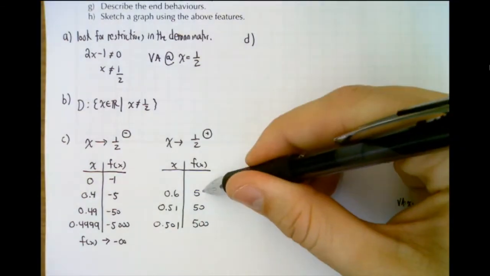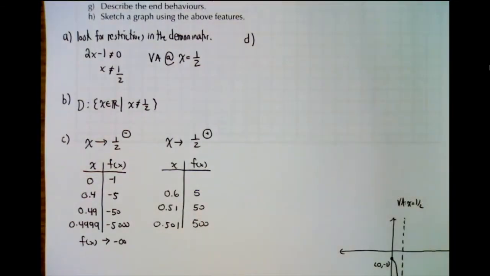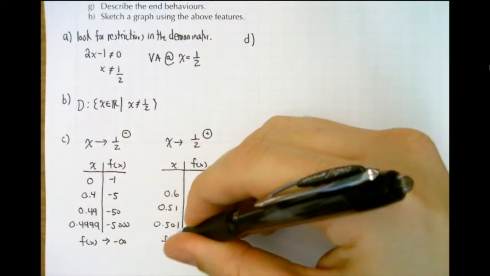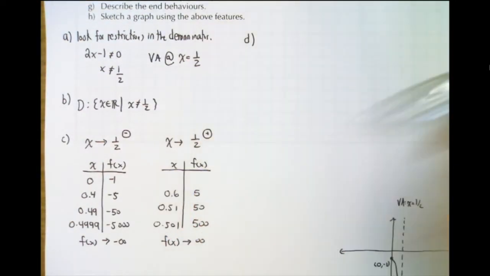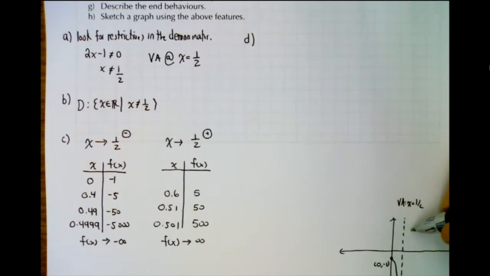So you might see a trend here, 5, 50, 500, we're continuing to get bigger. That means that f of x is approaching infinity. That means we're going up on the right side. So we can put that behavior there too. We don't know what the rest of the function's doing yet, but we do know the behavior around the vertical asymptotes.